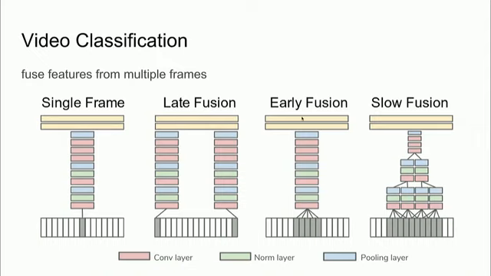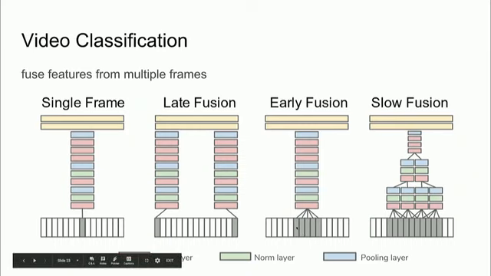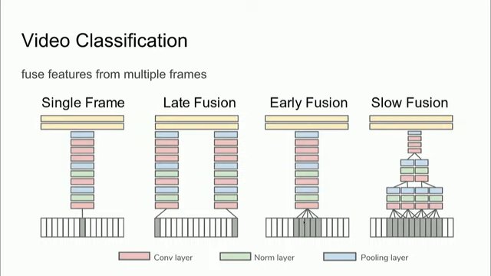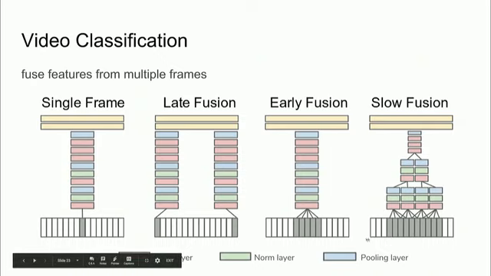There's another method, early fusion, which is combining the image frames at a pixel level, so that before going to the convolutional network, we combine the pixels in the beginning and then go through one convolutional network. Another method is slow fusion, which is a mixed method between late fusion and early fusion. We combine them in the middle, and in the end, the result will also have access to all these images at the pixel level.